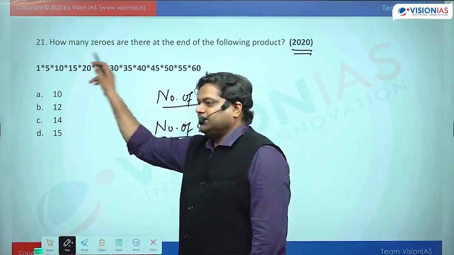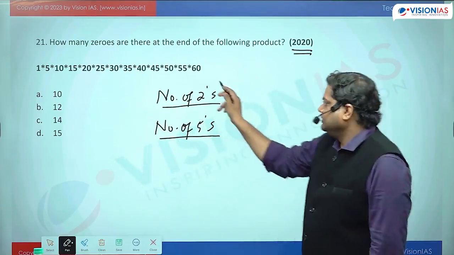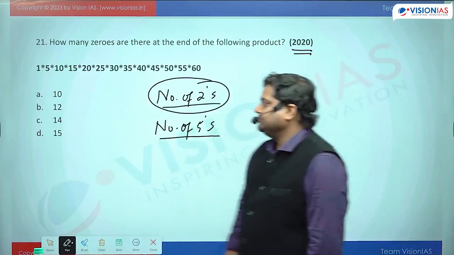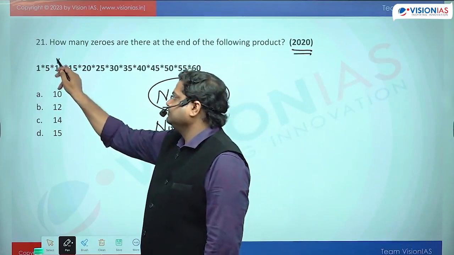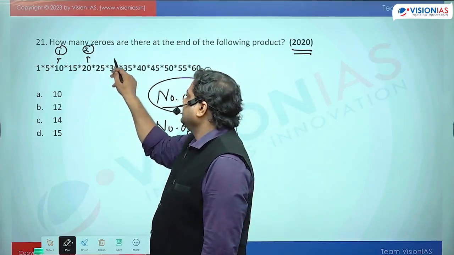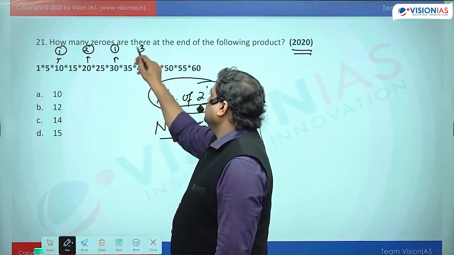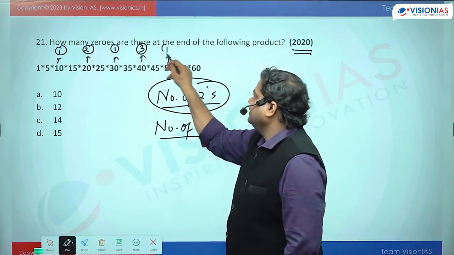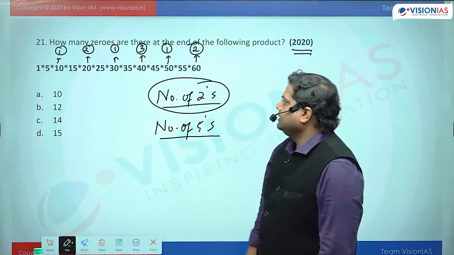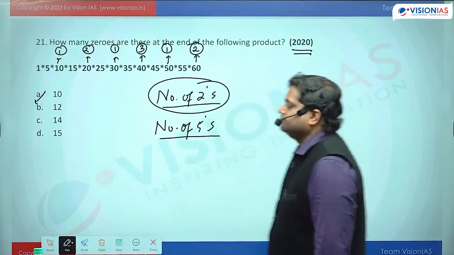We can see this is the table of 5, multiples of 5, so 5 will be coming more than 2's. So the number of 2's we can calculate, those many pairs we can make. How many 2's are coming? 1, 2, then 1, then 3, then 1, in 60 it is 2. How many have we got? 10. 10 is the answer.